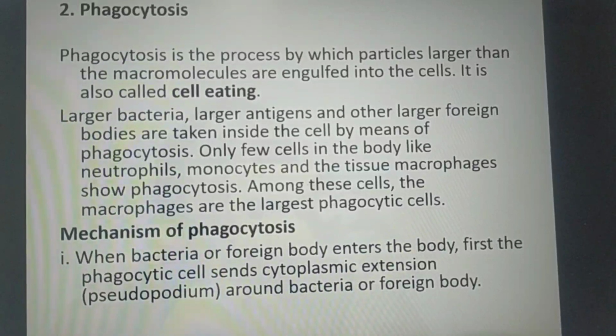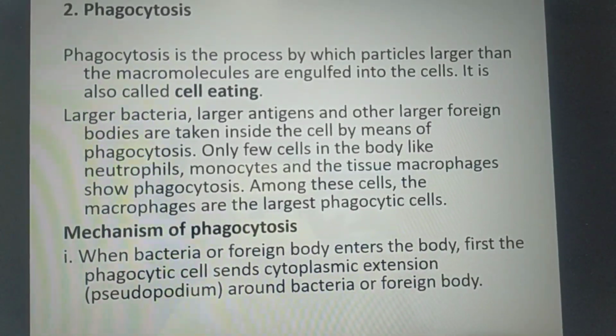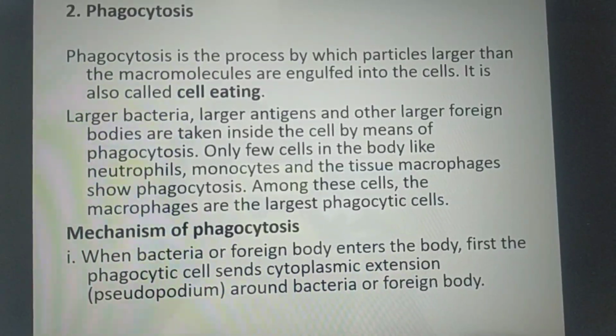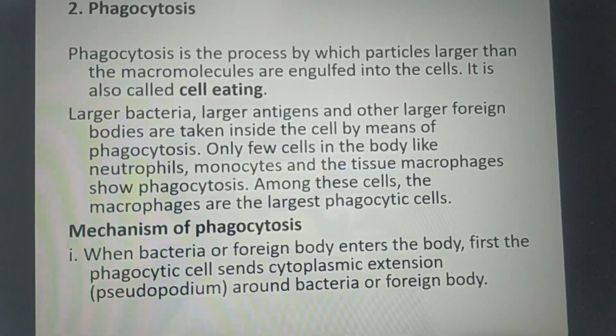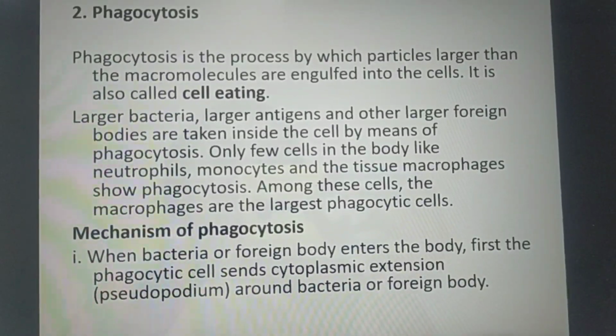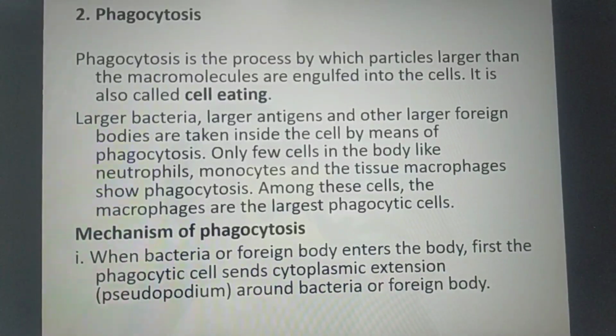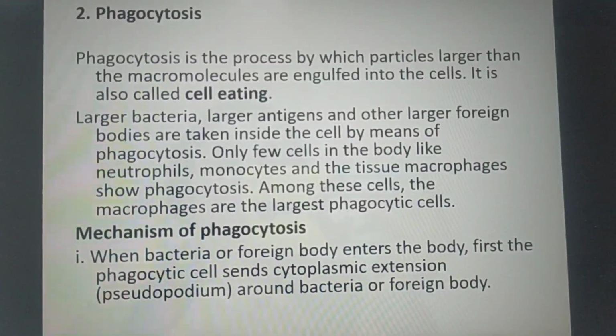So larger bacteria, larger antigens and other larger foreign bodies are taken inside the cell by means of phagocytosis. Only few cells in the body like neutrophils, monocytes and the tissue macrophages show phagocytosis. Among these cells, the macrophages are the largest phagocytic cells.